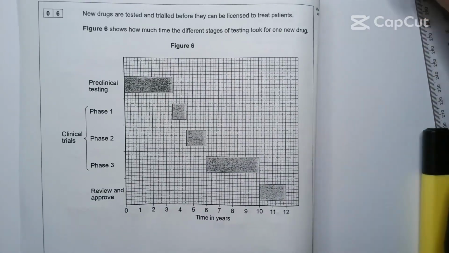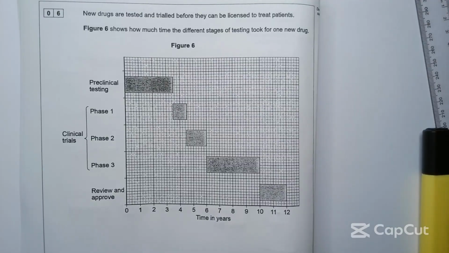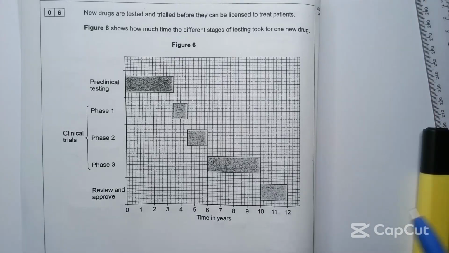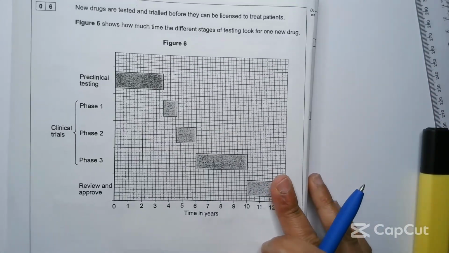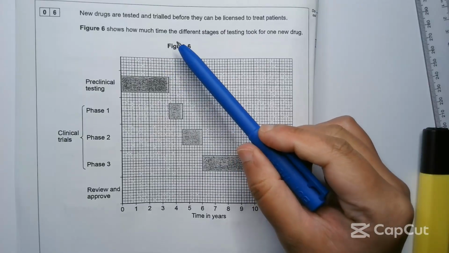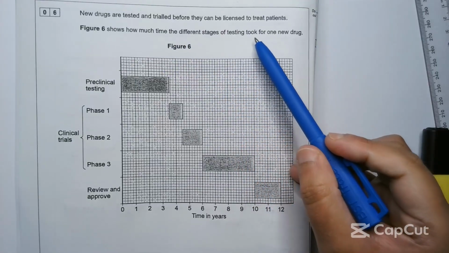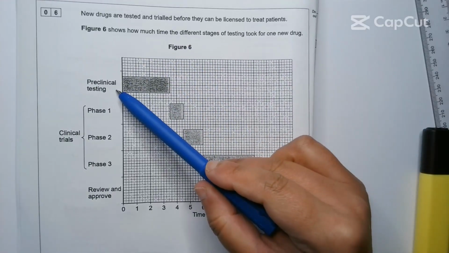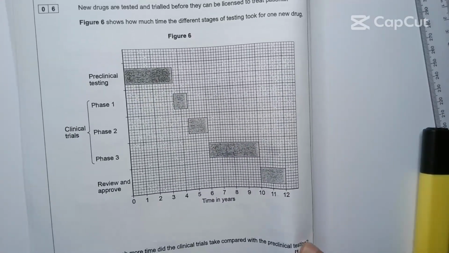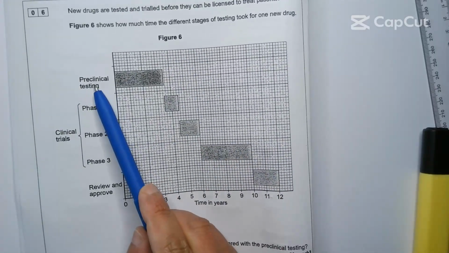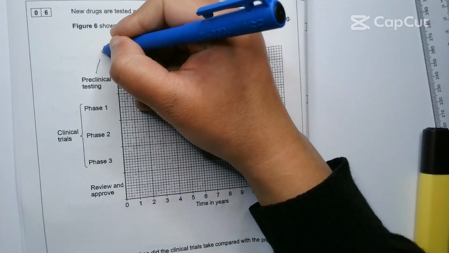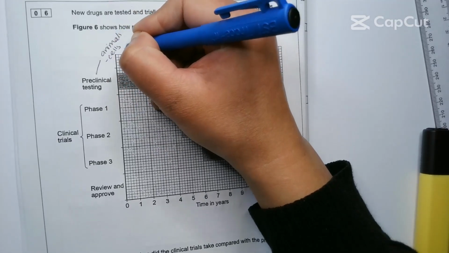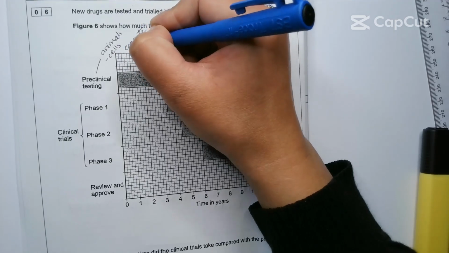New drugs are tested and trialed before they can be licensed to treat patients. This question is looking at infection and response, and the topic is drug testing. Figure 6 shows how many times the different stages of testing took for one new drug. So you've got preclinical testing, where they are testing on animals, cells, and computer models.